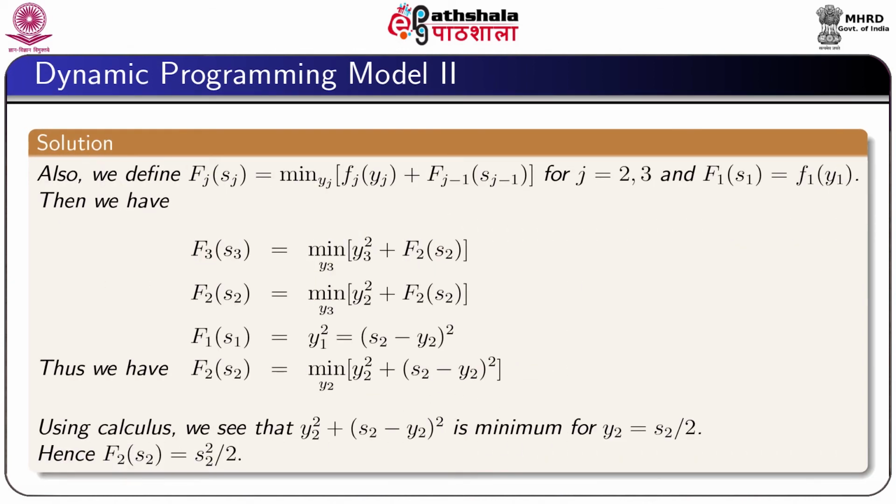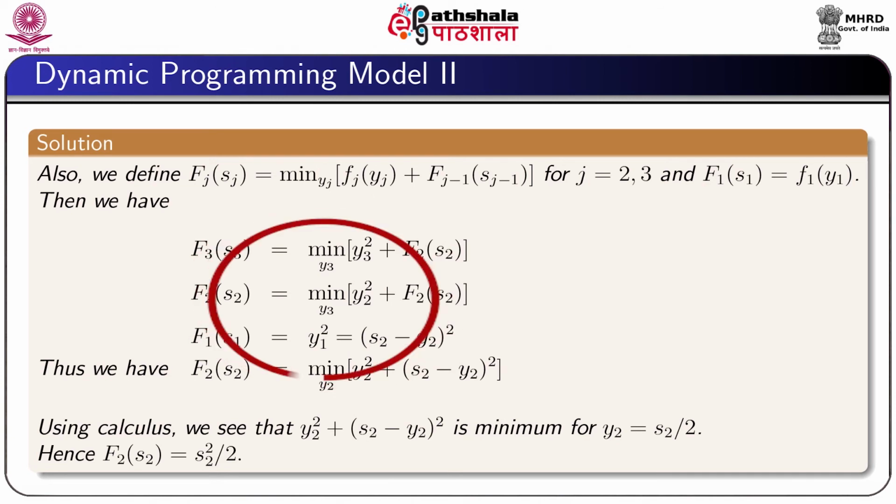Now, we define the recursive formula capital Fj(sj) equal to minimum of fj(yj) plus capital Fj minus 1(sj minus 1) for j equal to 2 and 3, and capital F1(s1) is equal to f1(y1).